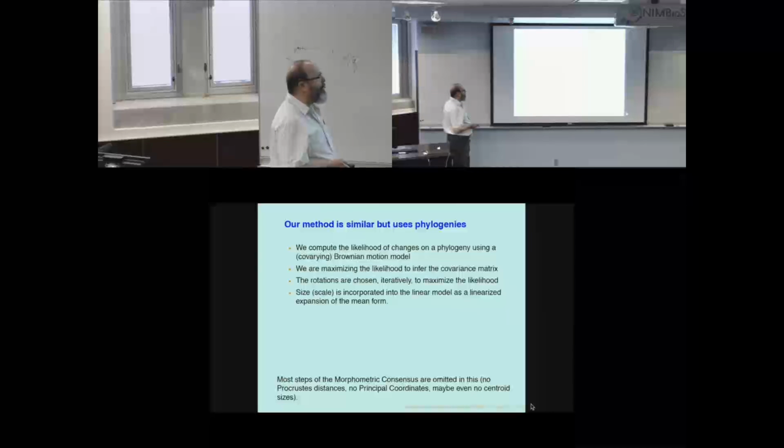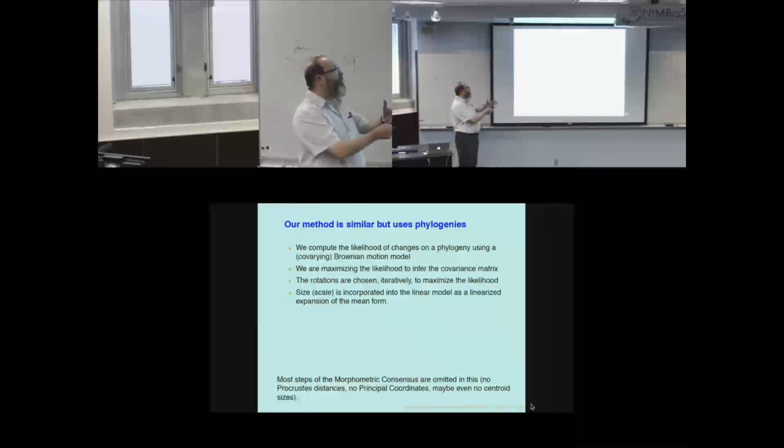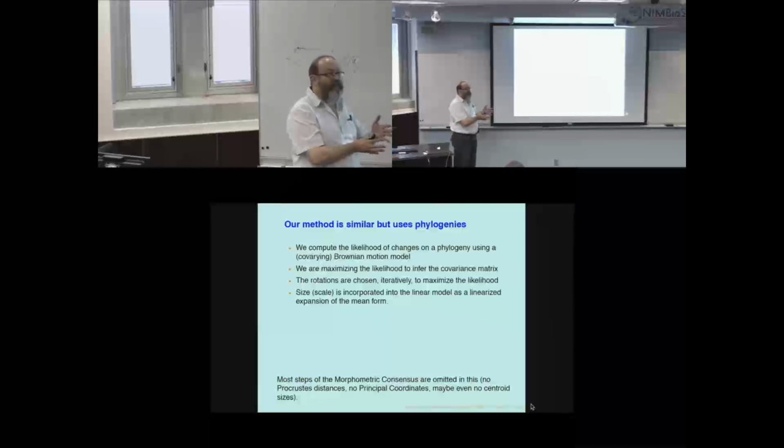I won't go into the details, but one variant we use is to infer a size character, scale everybody relative to it, and we do that inference by maximum likelihood also. But it's a separate size for each specimen.